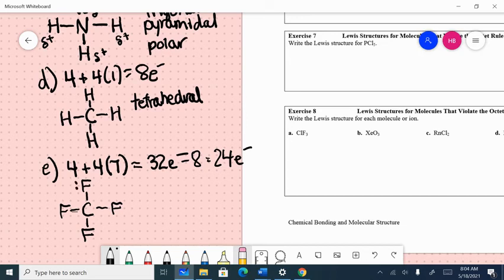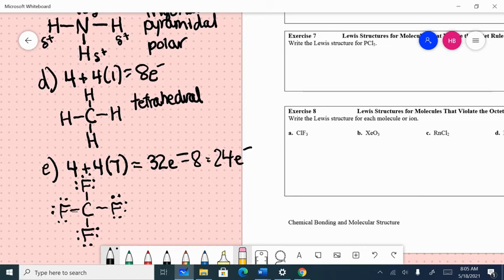Which is perfect because each of these fluorines wants 6 more. You give each of the 4 fluorines 6 more. And they will each have 8 and be happy.